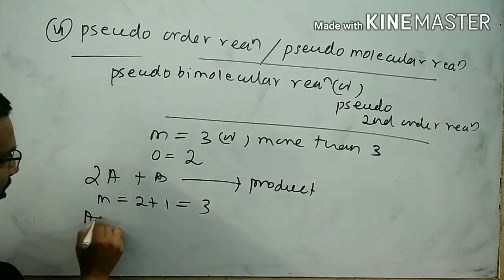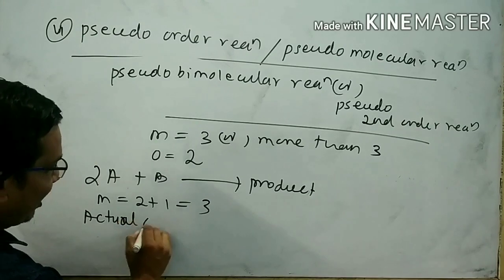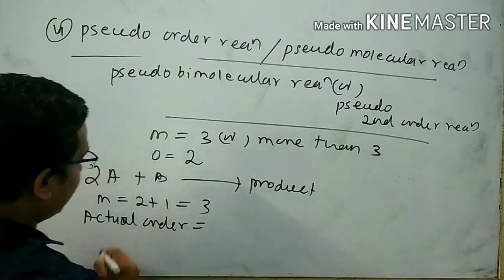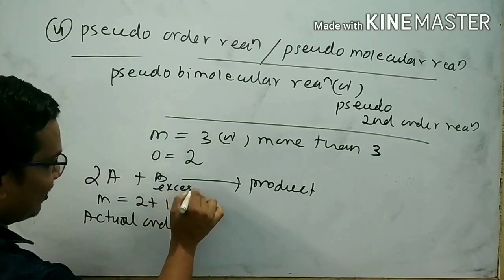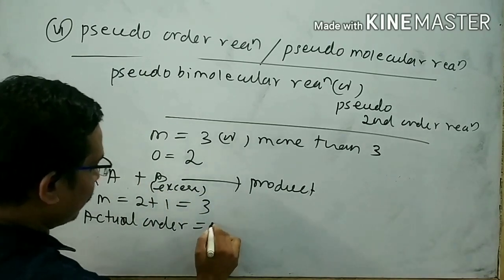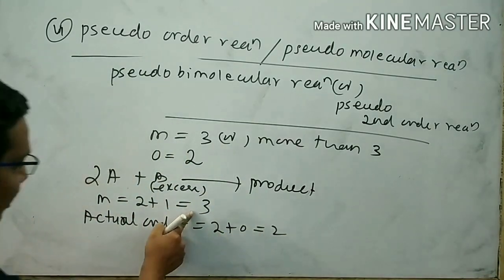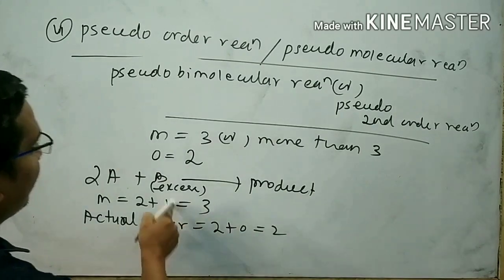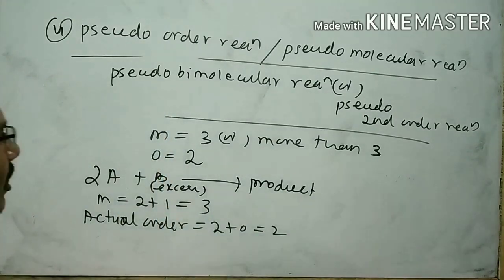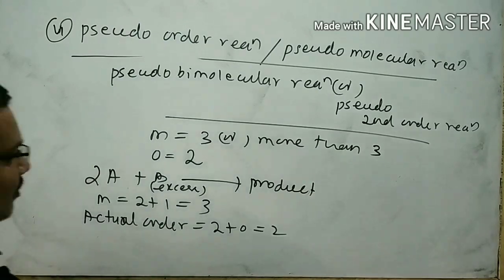But the actual order, suppose B is taken in excess, then the actual order is 2 plus 0, that is 2. Here the molecularity is 3 and the actual order is 2, so it belongs to a pseudo bimolecular reaction.